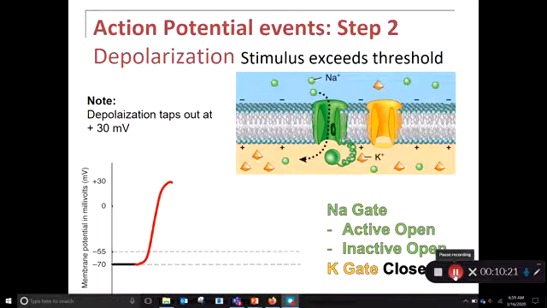During this period of depolarization, that gate is wide open. Both the activation and inactivation gates of the sodium gated channel are open, allowing a giant amount of positive sodium ions in, changing its polarity of the resting membrane.